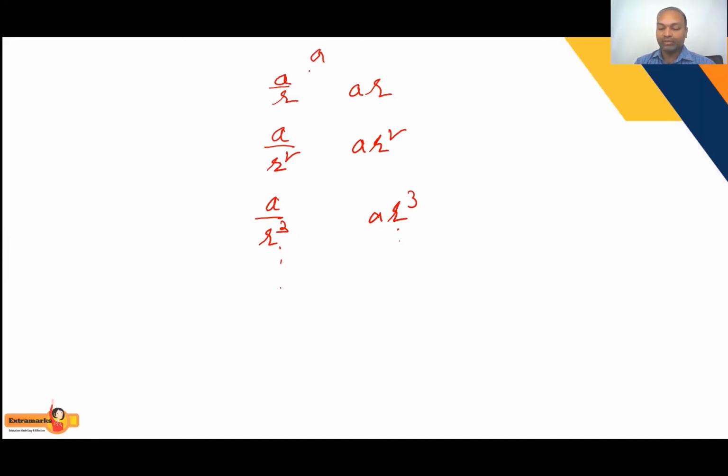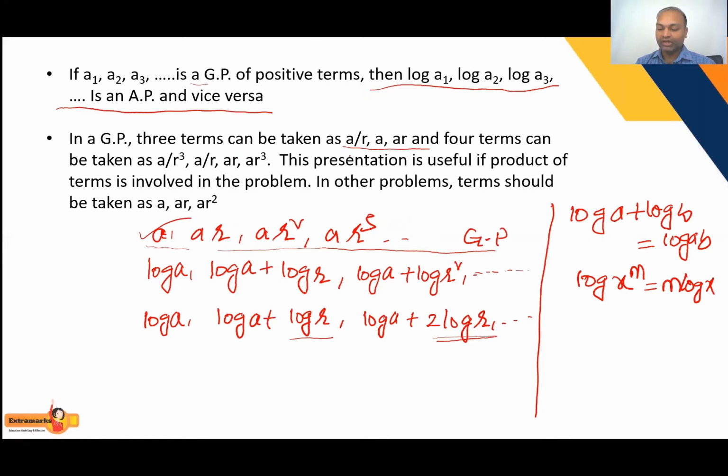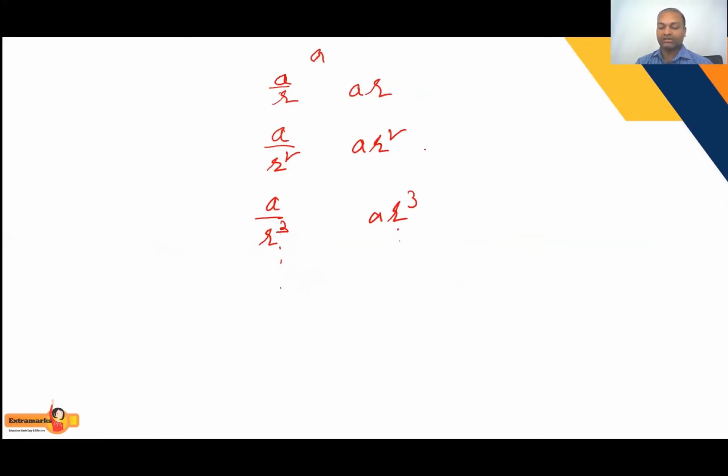That is A by R, AR. See here, the same thing we wrote. A by R, A, AR. Suppose 5 terms in GP are there, then including A, 1 term is A. Remaining 4 terms we want. 2 left side, 2 right side. A by R square, A by R, A, AR, AR square. In this way you have to select it.